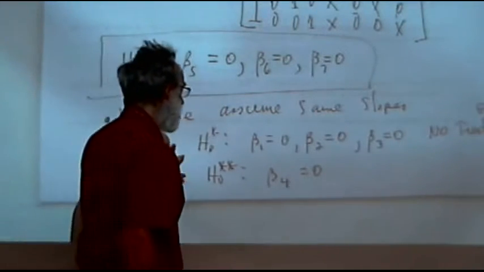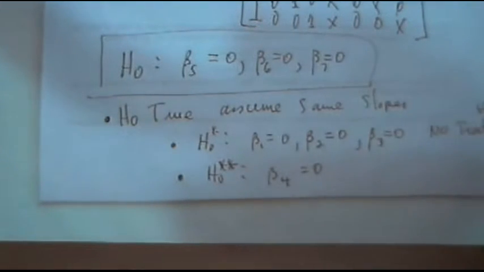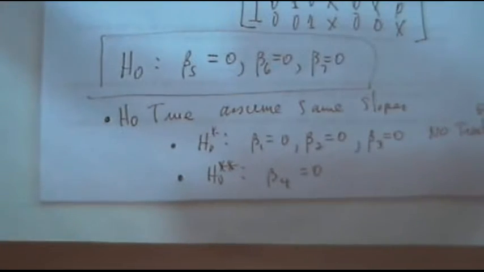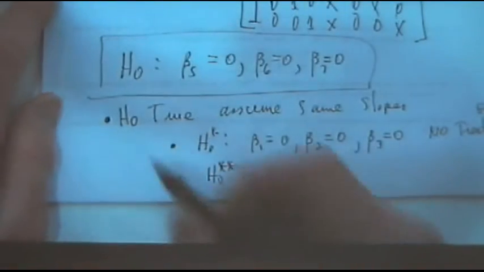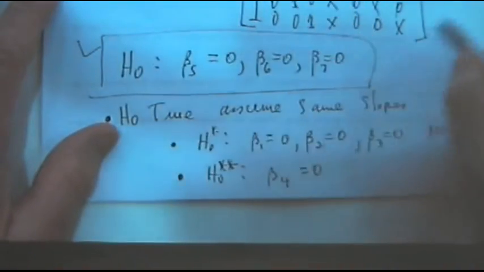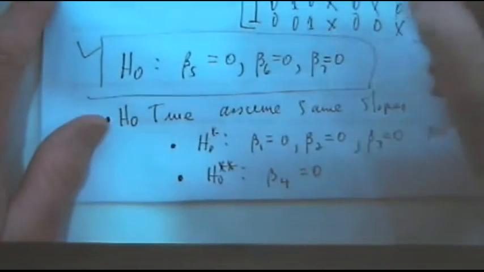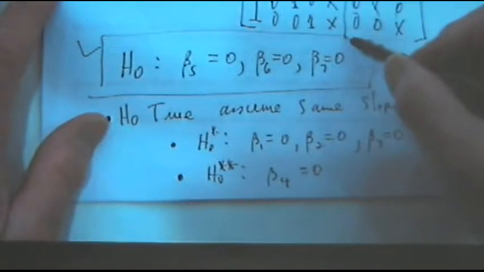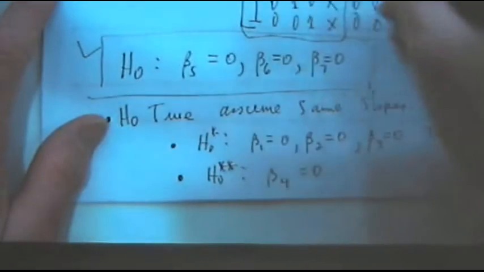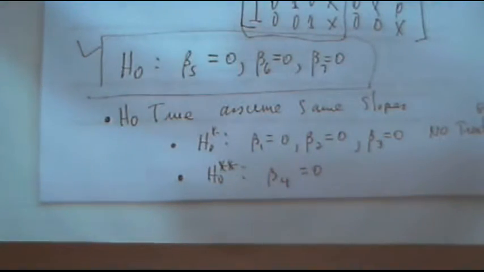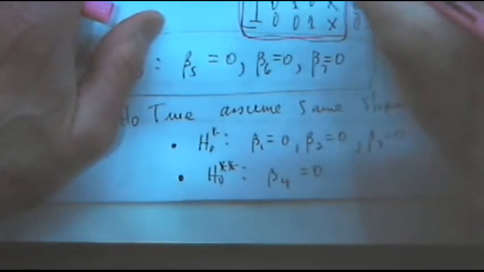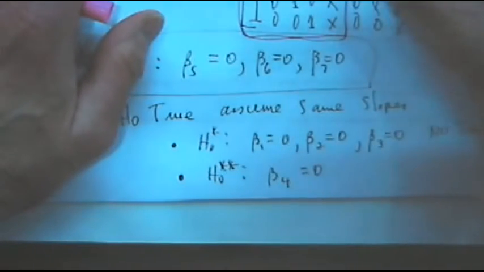Then how do we test these hypotheses? We just fit full and reduced models. For instance, on this one, this would be the full design, right? But the reduced design is easy to pick out. It's just this piece. This would be the reduced.